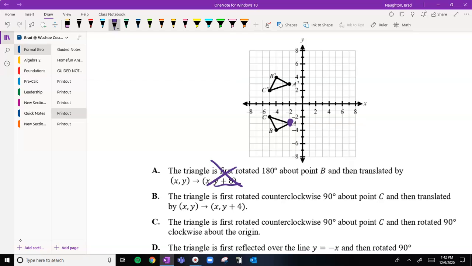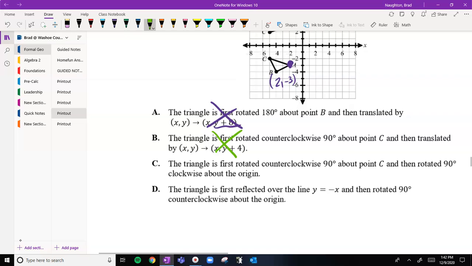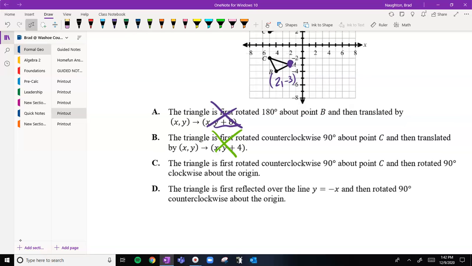So let's try to move the right one here this time, which is A. And that's going to be at 2, negative 3. So you're going to rotate it 90 degrees clockwise around point C. So if it's 90 degrees clockwise around point C, that means it's going to go over here. I'm going way far away from what I want. So don't even try that one. So then we're going to do the same thing.